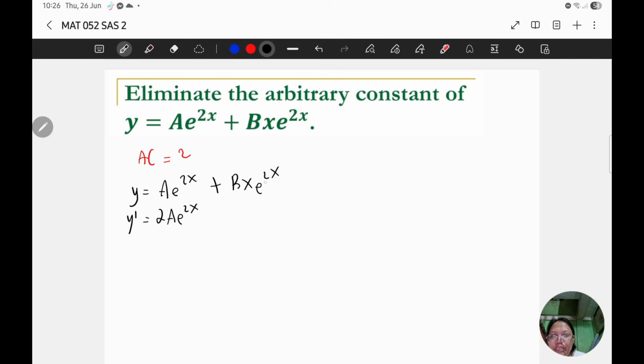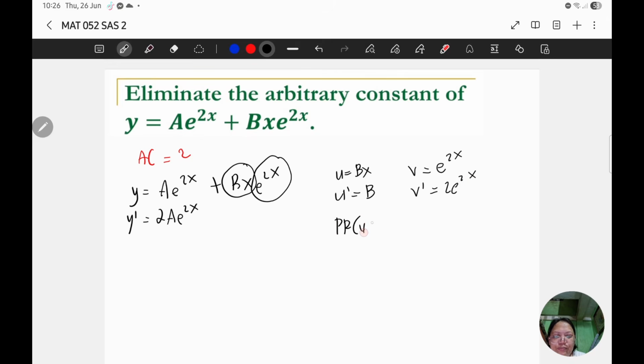Then for the derivative of bx e to the 2x, since there are two functions, we will use the product rule. Our u is bx, our v is e to the 2x. What is the derivative of bx? B only. For v, the derivative is 2 e to the 2x.